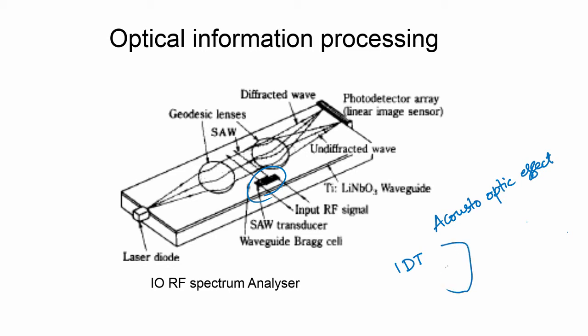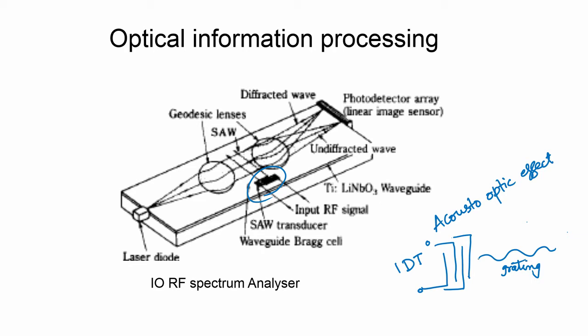It is a finger pattern like this, connected on this side and this side, and a surface acoustic wave can propagate as a strain wave, which can create a grating on the crystal.